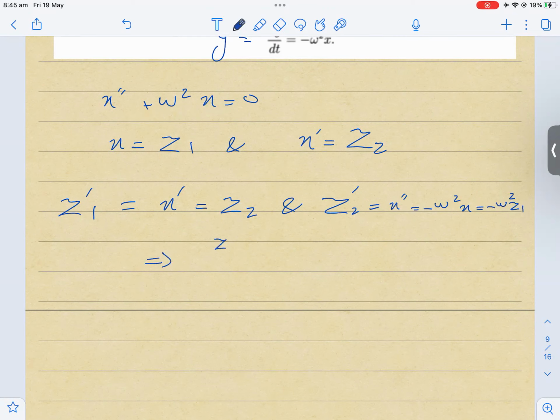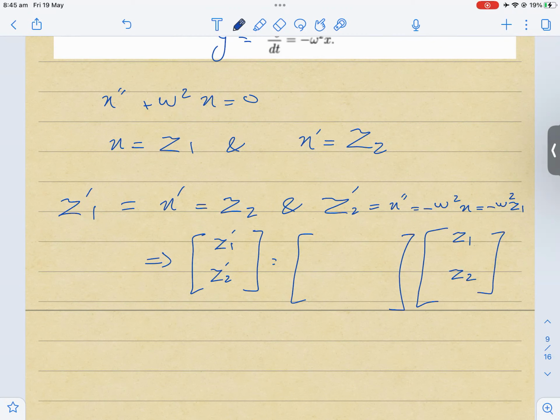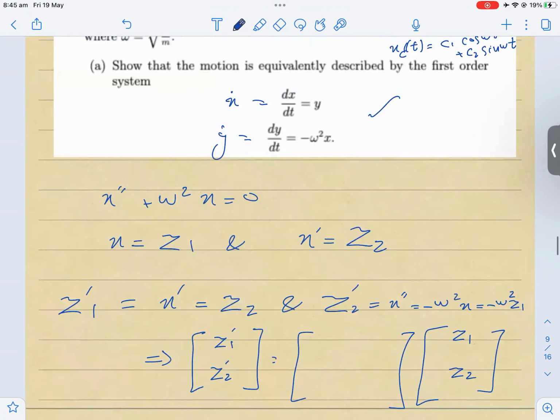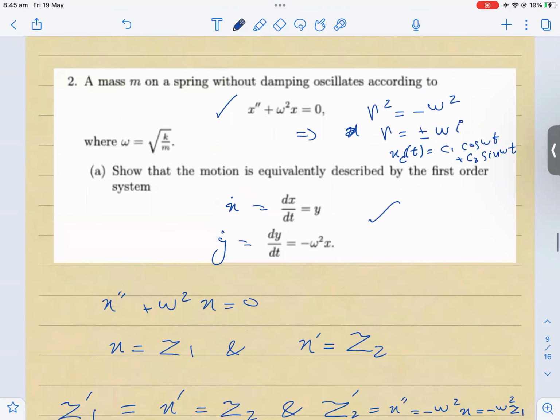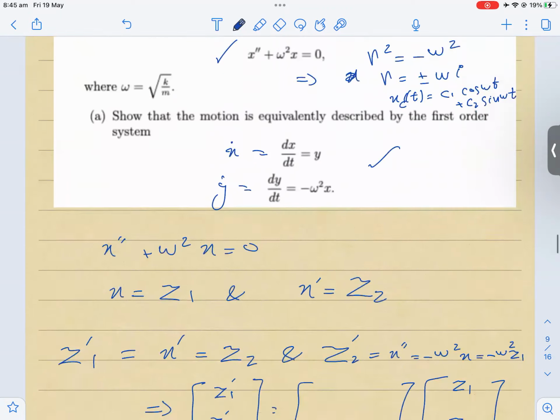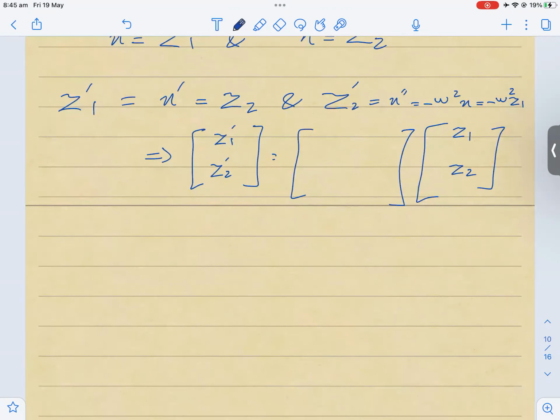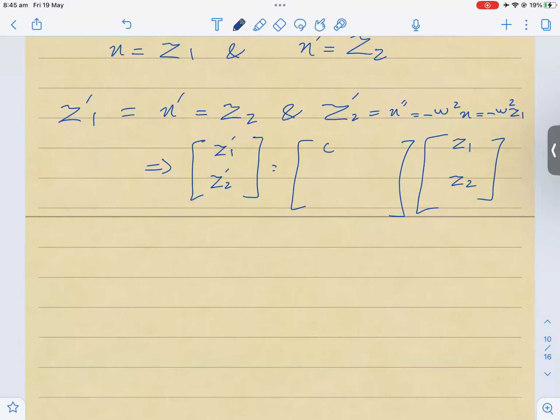Therefore, z1 prime, z2 prime is equal to a coefficient matrix times z1, z2. We see that z1 prime is equal to z2, which means 0, 1 here, and z2 prime is minus omega squared 0.